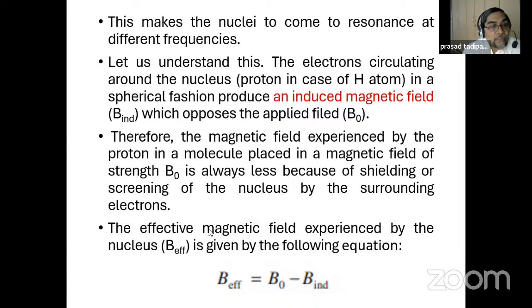The effective magnetic field experienced by the nucleus you can calculate using this: B effective is B0, that is applied, minus B induced. Always B induced is less than the applied, so you will get a B effective.